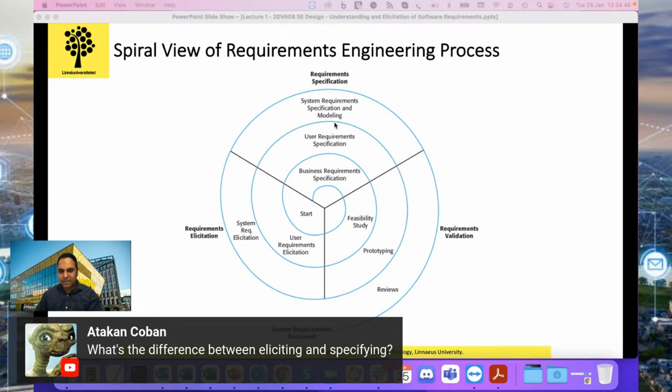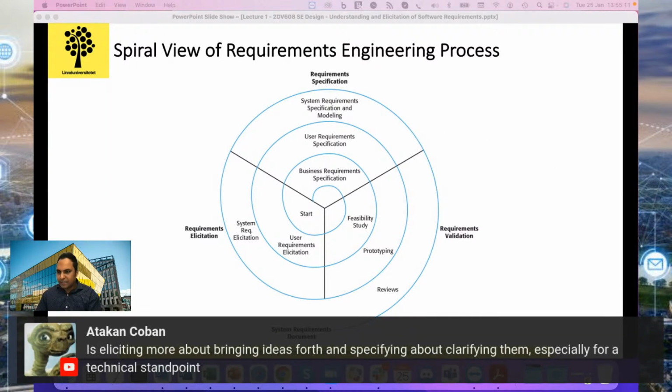The requirements in the elicitation phase are the same in the specification phase, but they are expressed using different forms, or improved to eliminate ambiguity or add further clarification and so on. I guess I could answer your question.